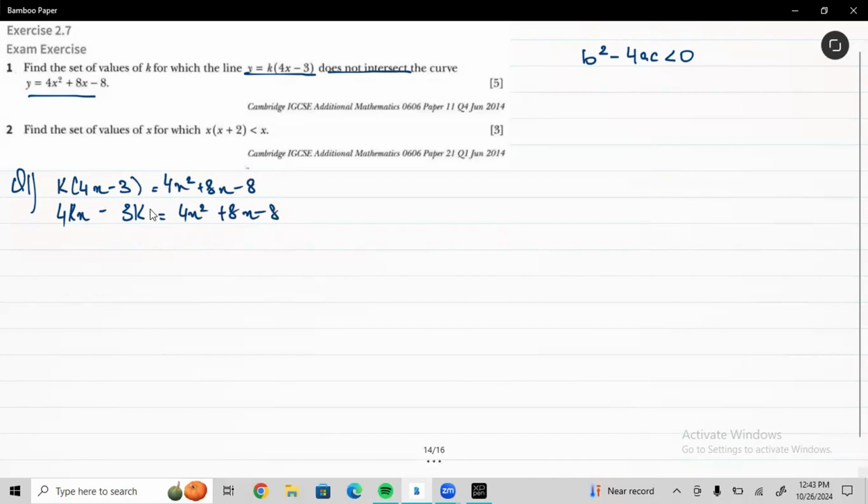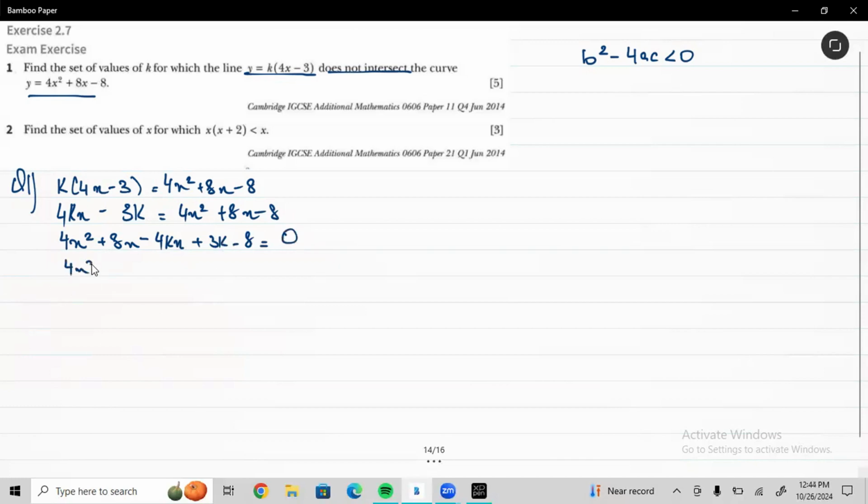If I simplify this, that's going to give me 4x squared plus 8x minus 4kx plus 3k minus 8 is equal to 0.